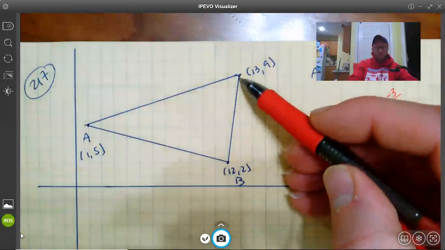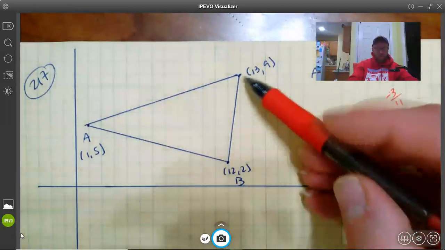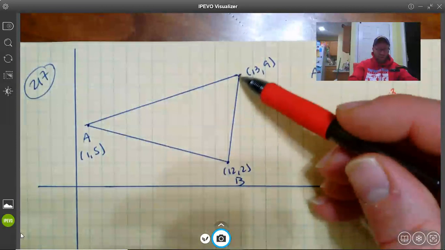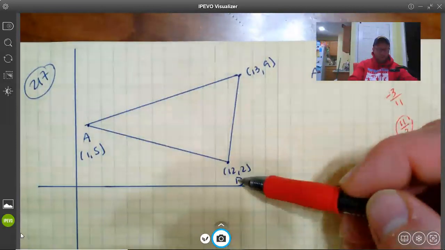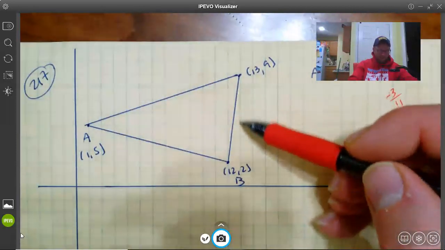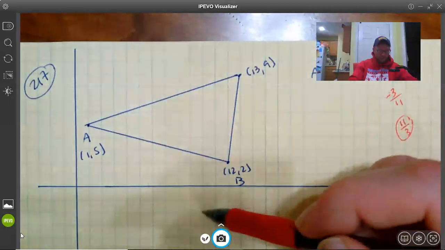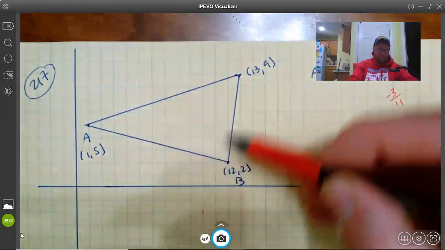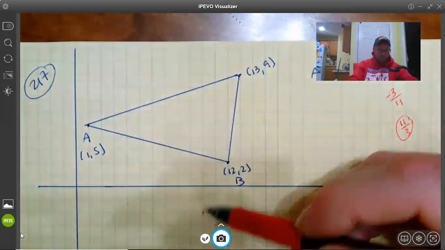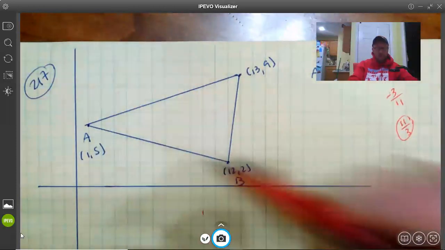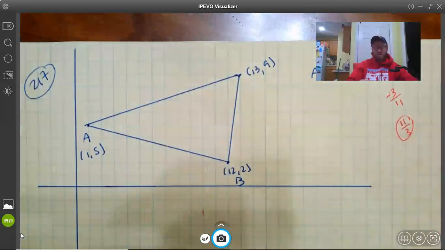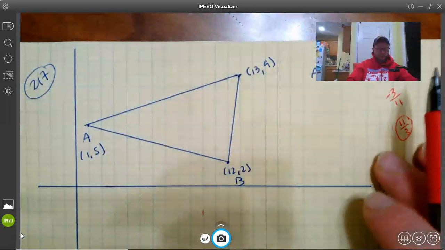So if I were to draw that altitude here, we'd start at the point 13, 9, and we would go down 11, 1, 2, 3, 4, 5, 6, 7, 8, 9, 10, 11, and over 3 to here. Right? And I'm pretty certain that this line is not going to connect with the base at nice whole number coordinates. It's not going to happen. So we're not going to pick that one.